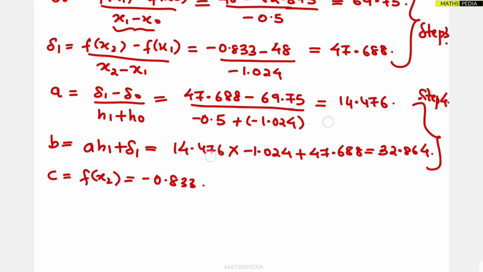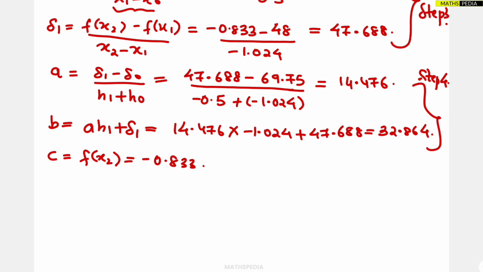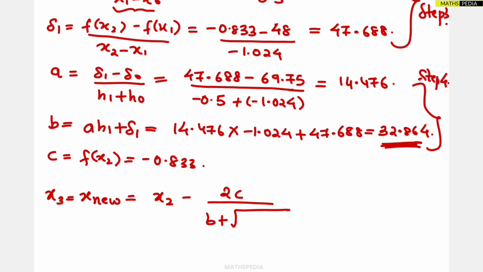Now the last step, finding out the root. Step number 5 is basically x3, which we can name as x mu also, the root value. It is x2 minus 2c divided by b plus or minus the square root of b square minus 4ac. Since the b value is plus, I am going to take plus. If it is minus, take minus.